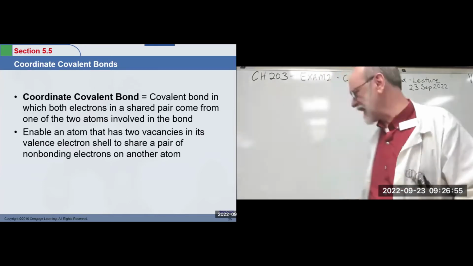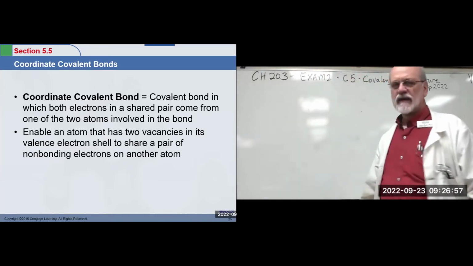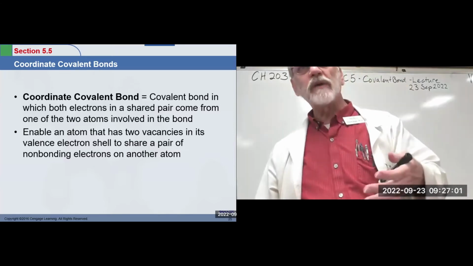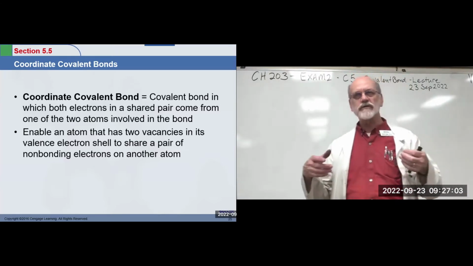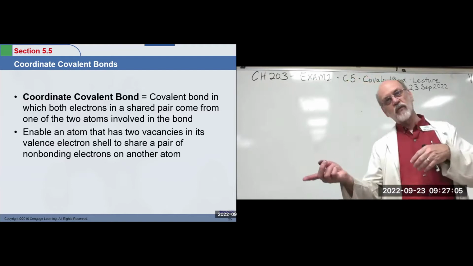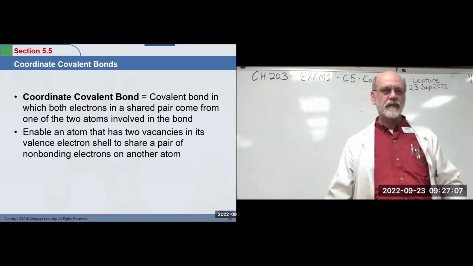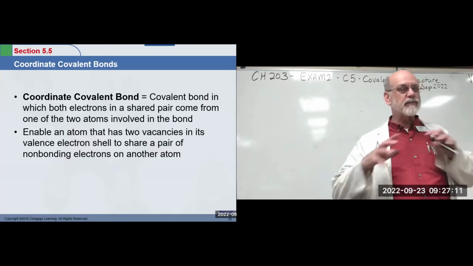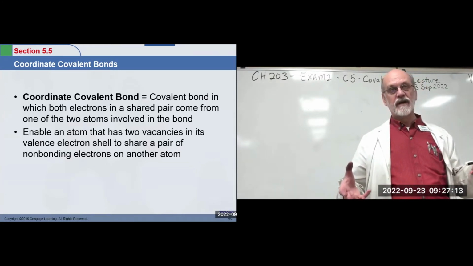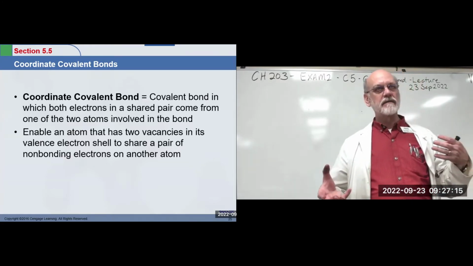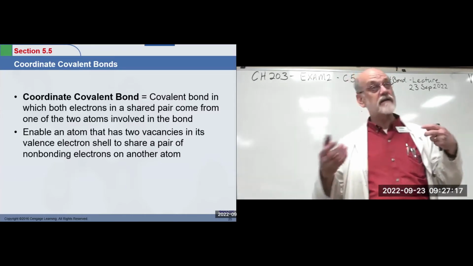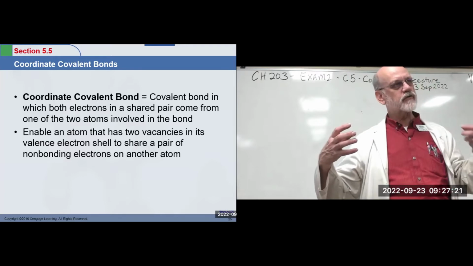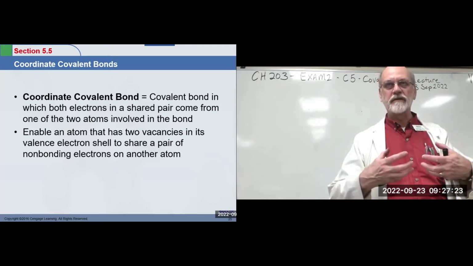All right, there's one type of covalent bond that's a little odd. Up to this point, we've shared electrons. In other words, when you form a bond, 1 electron from one atom, 1 electron from the other atom. But sometimes bonds form, and the only way we can explain them is by saying that one atom comes in and takes 2 electrons from the other atom and forms a bond.